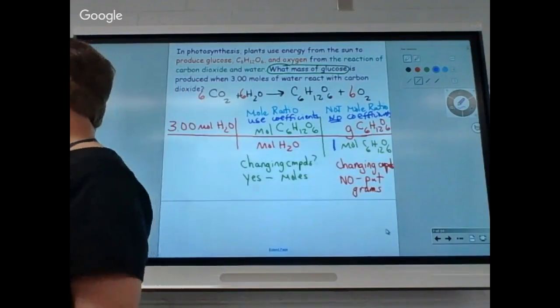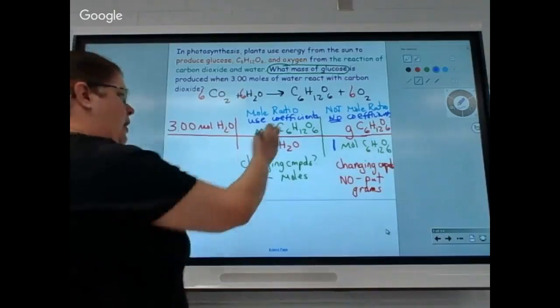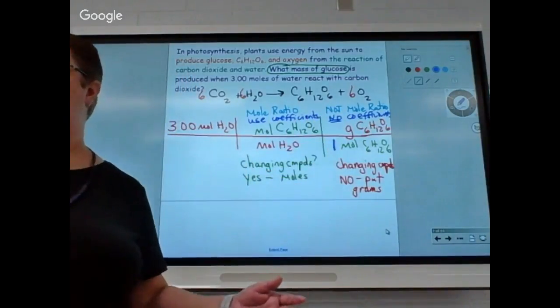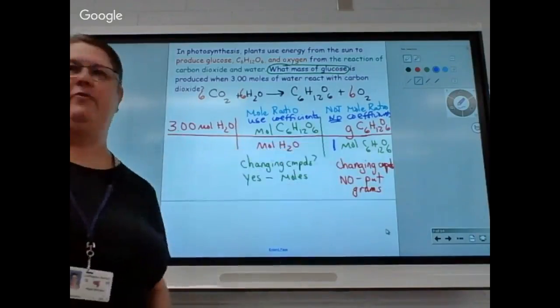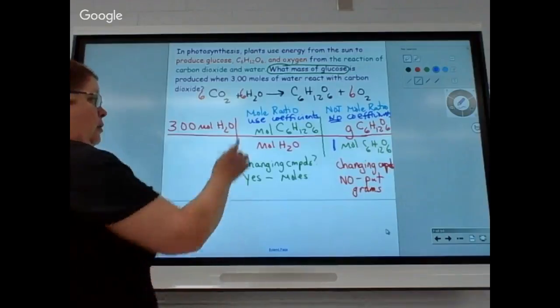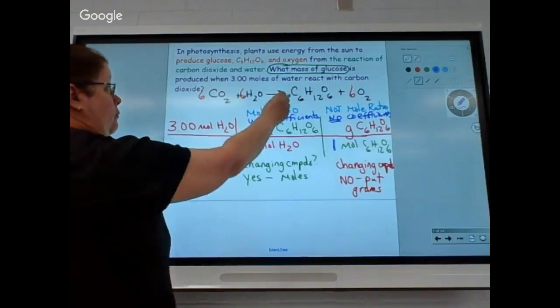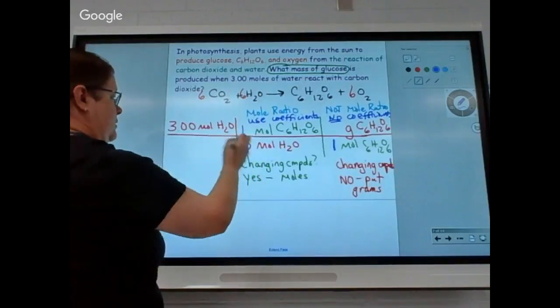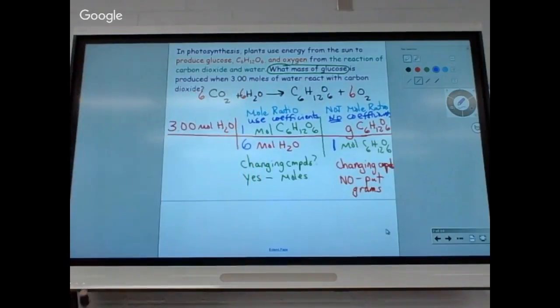When we look at the periodic table and go, oh, its mass is, and write it down, and we always said the moles are 1 because we didn't know how to balance yet. That's still a 1. That hasn't changed. Okay? So, coefficients. 1. Water has a 6. Now, what do I do with that gram thing up there?